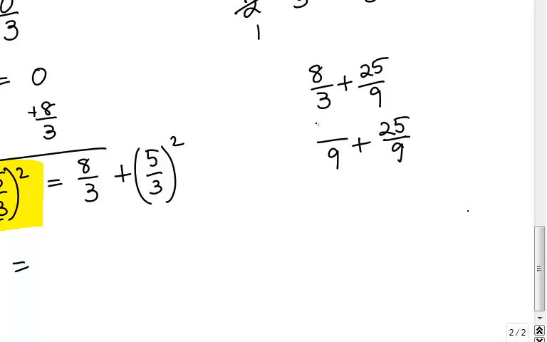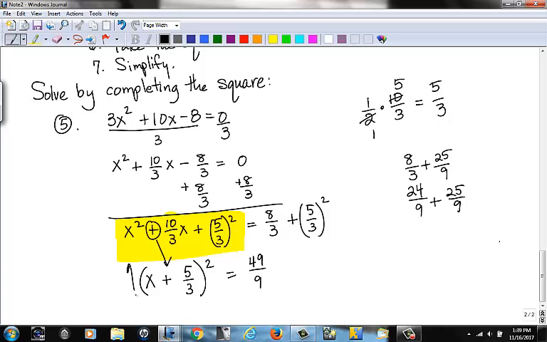So multiply the top by 3. 24 ninths plus 25 ninths would be 49 ninths. Okay? And now how do I get rid of the square? Square root both sides. And extend that radical out.